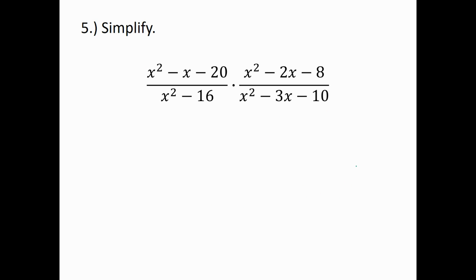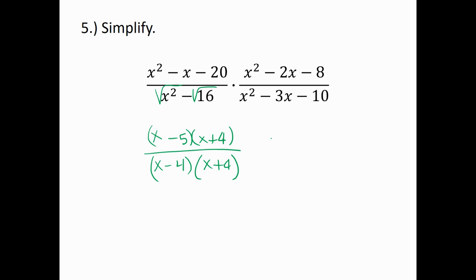The last one, we've got a lot more factoring to do here. So the top, we can factor two numbers that multiply to get -20 and add to get 1, which would be -5 and 4. And then this is this square root type of factoring, x minus 4, x plus 4.